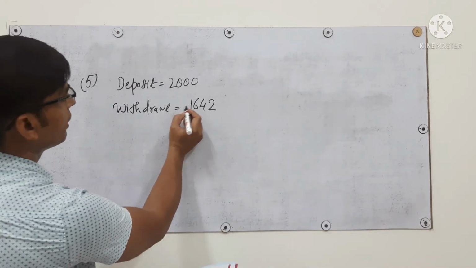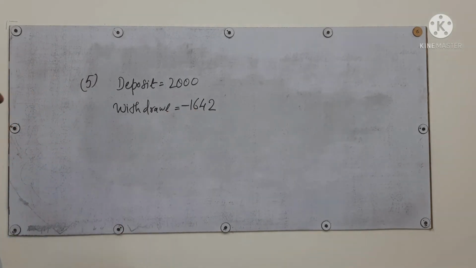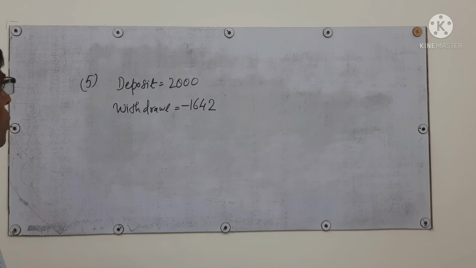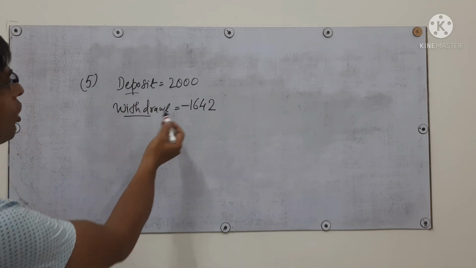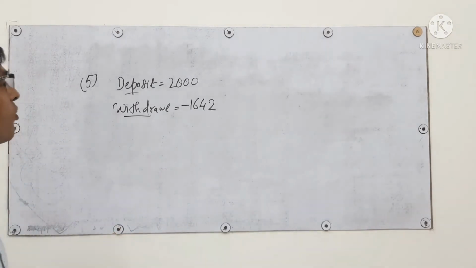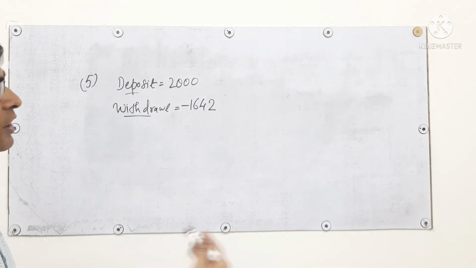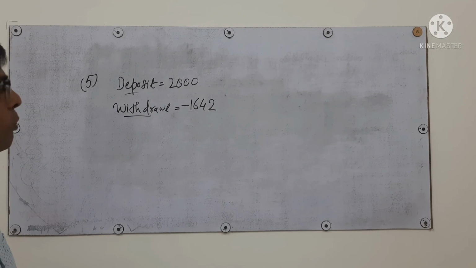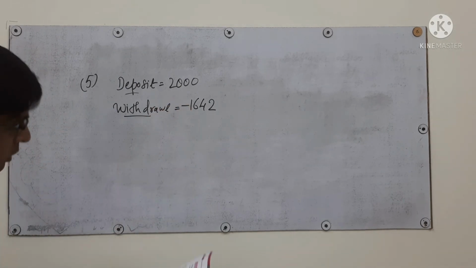So if withdrawal is negative, I am representing it here by minus 1642. Now the question is, how will you represent the amount deposited? If withdrawal is represented by a negative number, then it is obvious that the deposit amount must be a positive number, because when we deposit it gets entered, and when we withdraw we remove it from here.